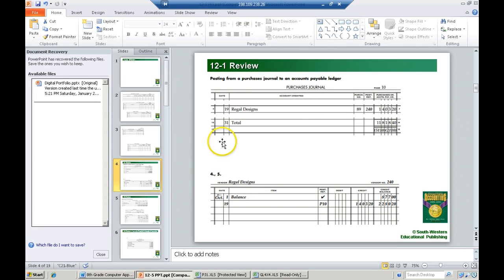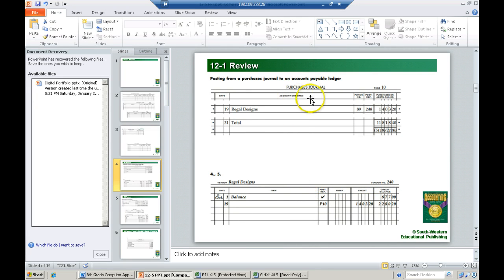So you see posting from a purchases journal to an accounts payable ledger. This is a subsidiary ledger account. Here is the vendor number, which means that instead of customer number, accounts payable deals with vendor numbers because we're purchasing from vendors. Okay, so this is vendor number 240.